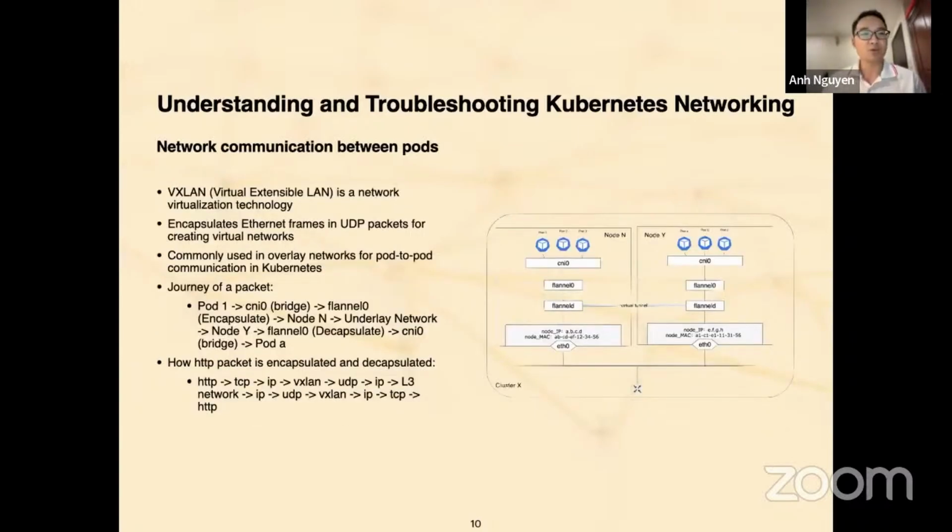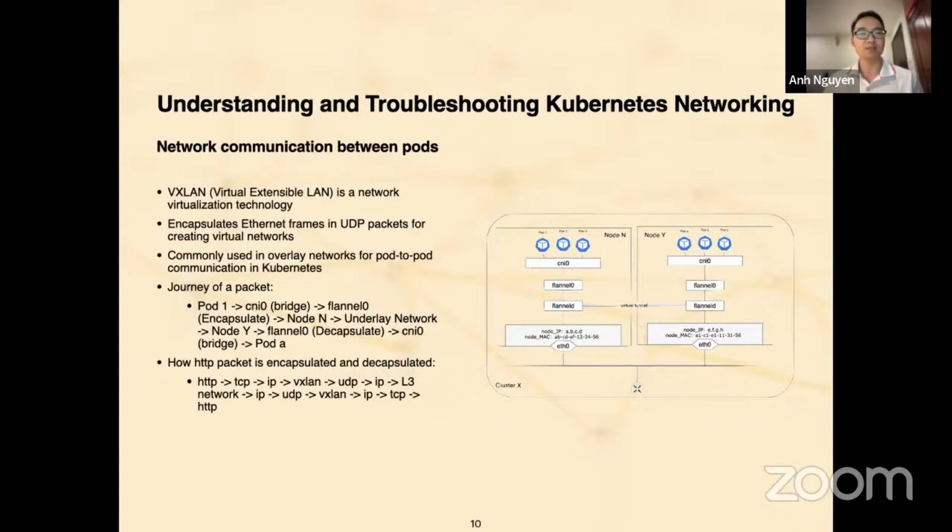In an overlay network using VXLAN, or Virtual Extensible LAN, is a network virtualization technology that encapsulates Ethernet frames into UDP packets, creating an overlay network between nodes in the cluster.